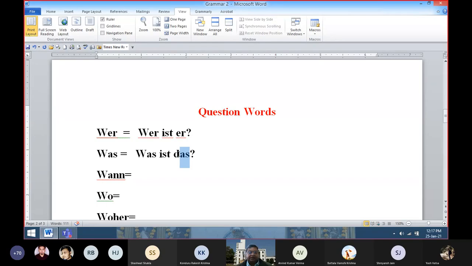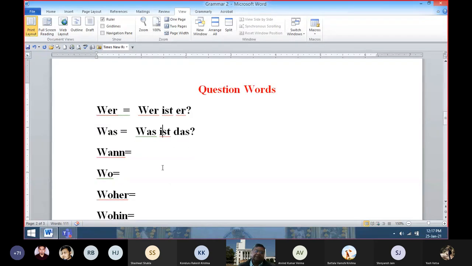Only then it is an article. Articles are used before a noun. Here it is used independently. It's a demonstrative pronoun and it is used as the subject. Was ist das means what is this? Somebody is asking what is this, showing something, and then one can say das ist ein Buch, this is a book, etc. So the word was is used for asking about something, some item, etc.